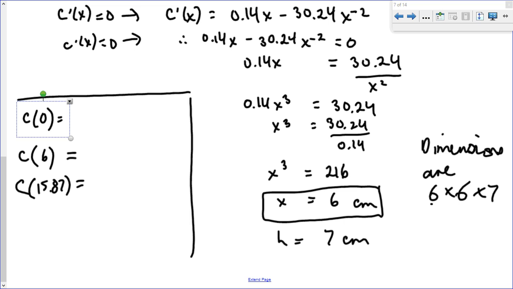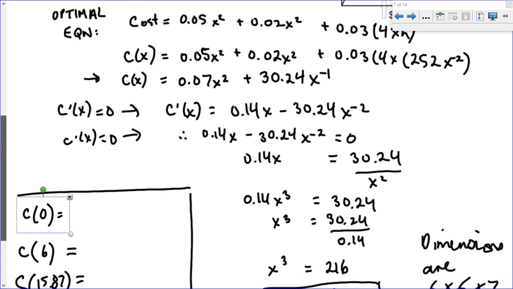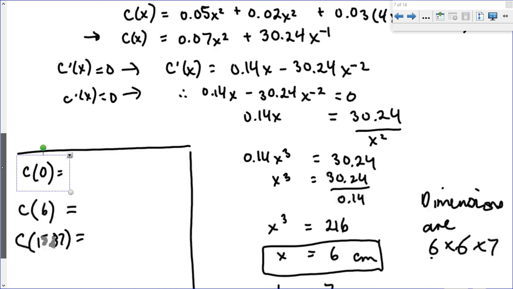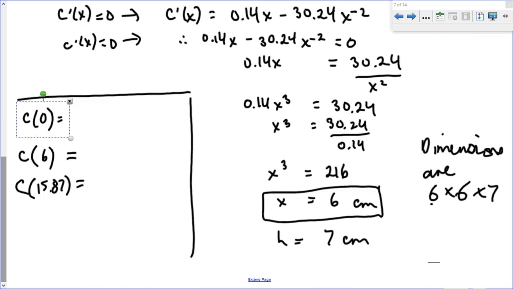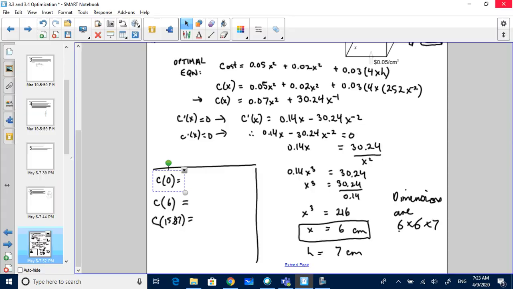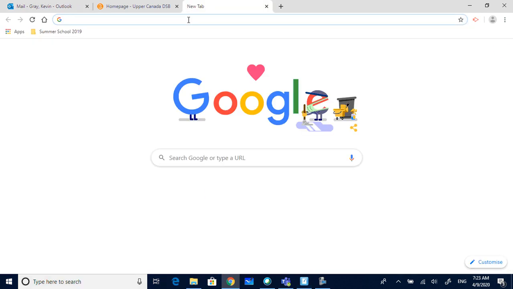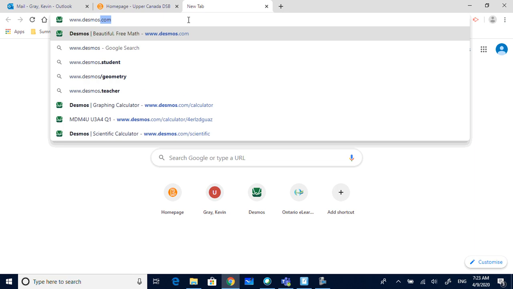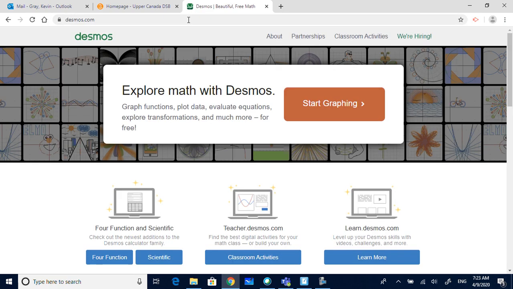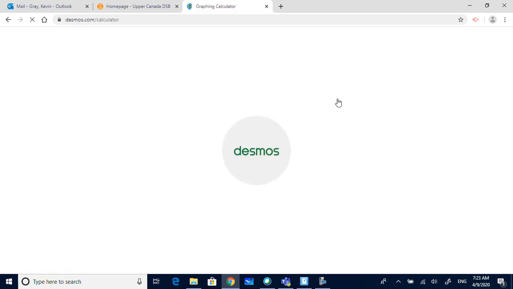Now I don't exactly have these values, so I'm going to take a second and put them into Desmos. I'm going to minimize this for a second and call up Desmos. I should have had this open, sorry, my apologies.